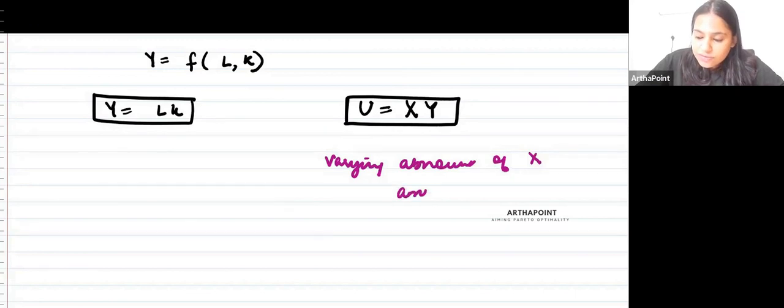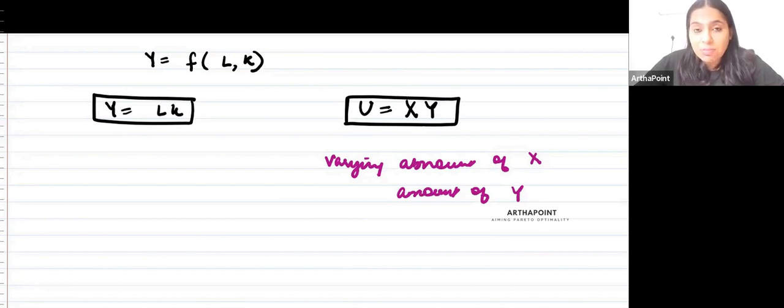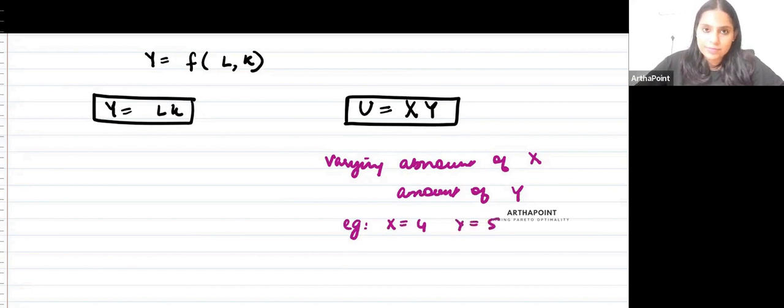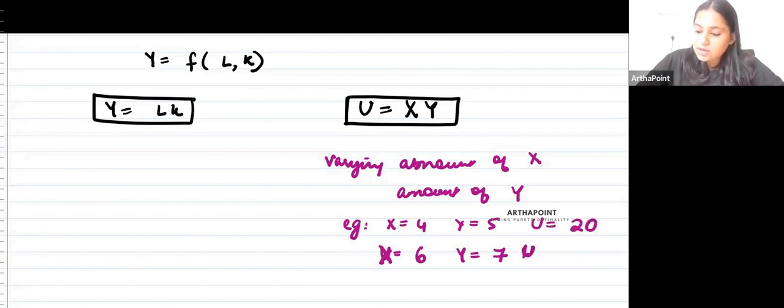I can also vary the amount of Y. Suppose I consume 4 units of X and 5 units of Y, and then I consume, let's say, 6 units of X and 7 units of Y. This will give me a utility of 20. This will give me a utility of 42.